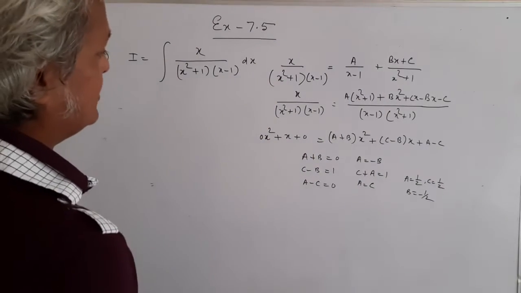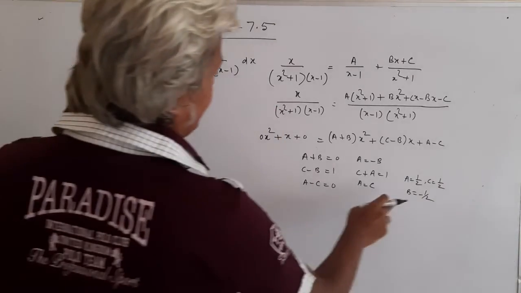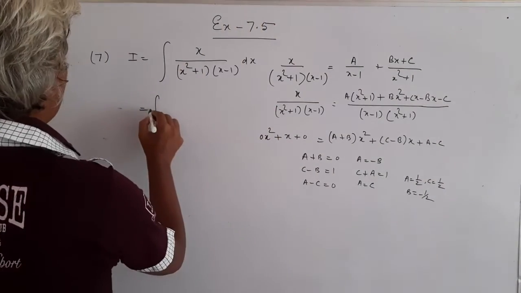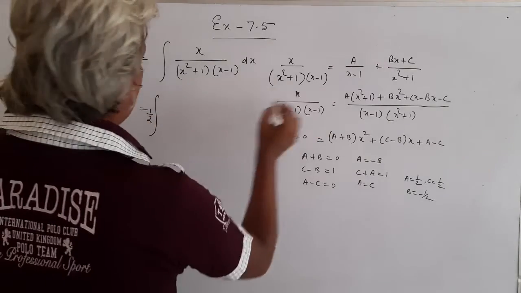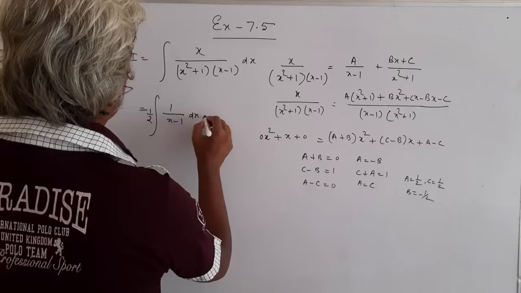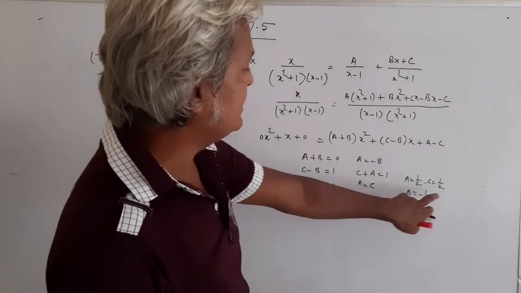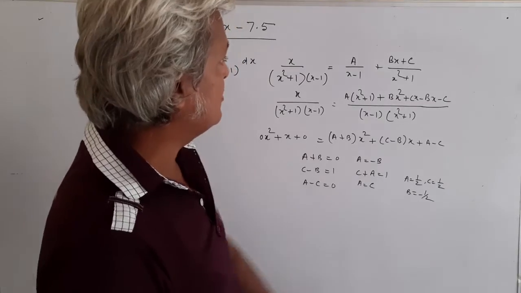So this whole expression becomes I equals, first a is half, so keep half outside, integral of 1 over x minus 1 dx, plus for the second part b is minus half, c is half, one is negative, one is positive.